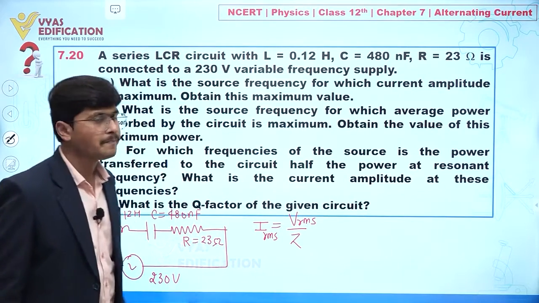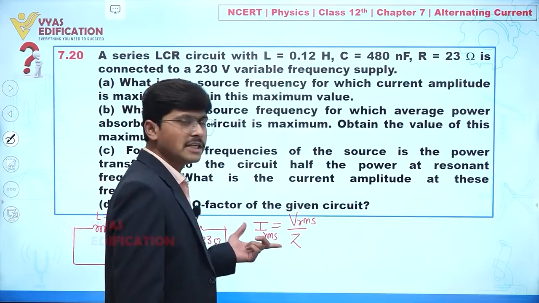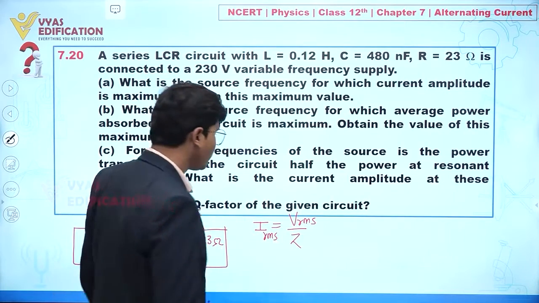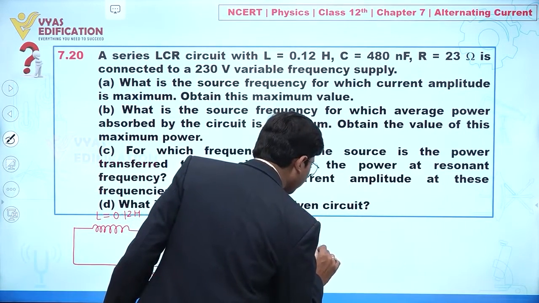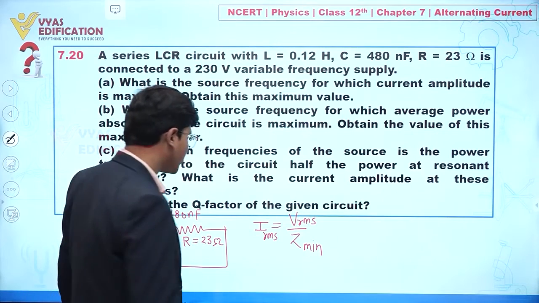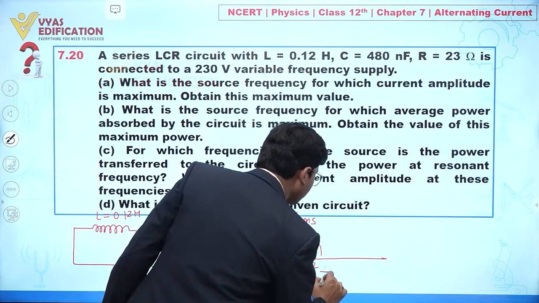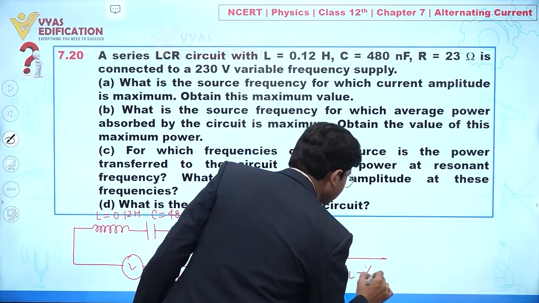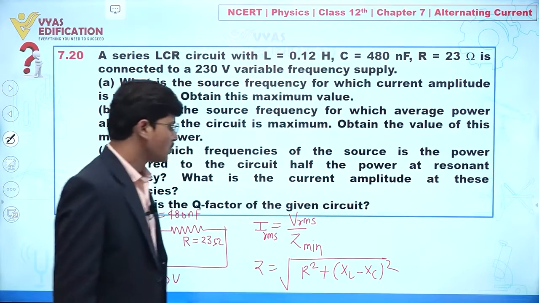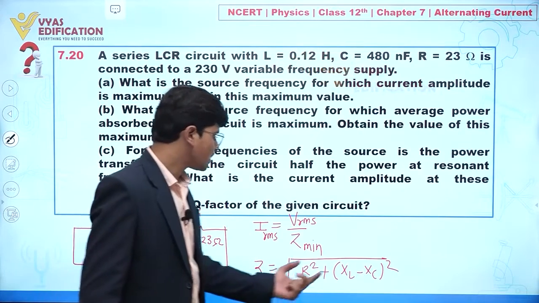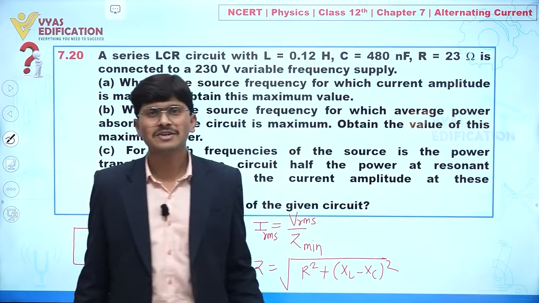Now the important part: the current is maximum when Z is minimum. The expression of Z is the square root of R square plus XL minus XC whole square. So Z will be minimum when XL minus XC is equal to 0.